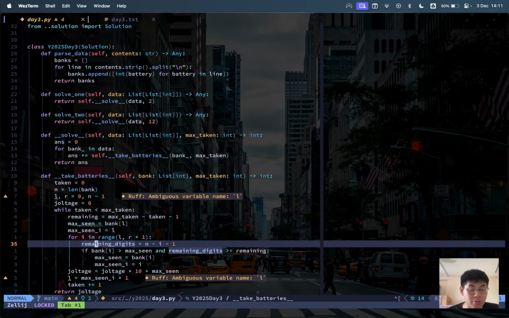We then update the joltage, we then update the L, we then update the taken by 1 as well. And then we keep repeating this until we've taken enough.